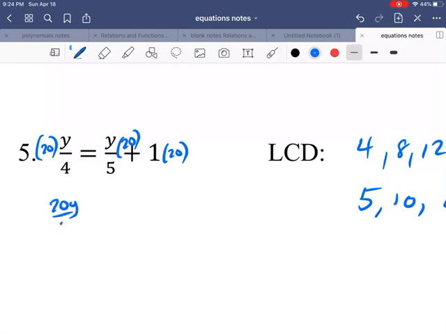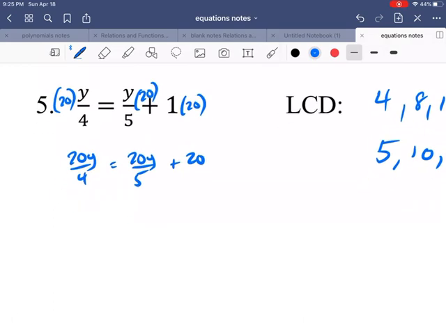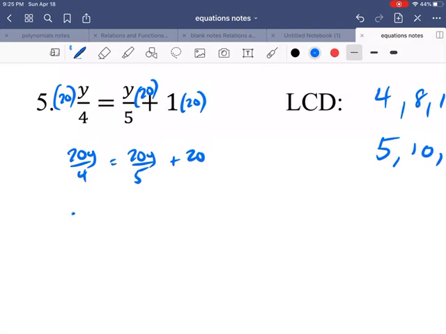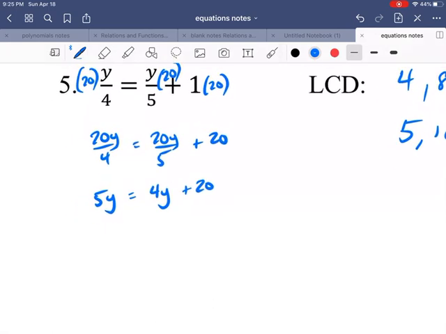So 20y over 4 is equal to 20y over 5 plus 20. 20y over 4 is 5y. 20y over 5 becomes 4y plus 20. Now 4y is less than 5y, so let's subtract 4y from each side, and you end up with y equaling 20.